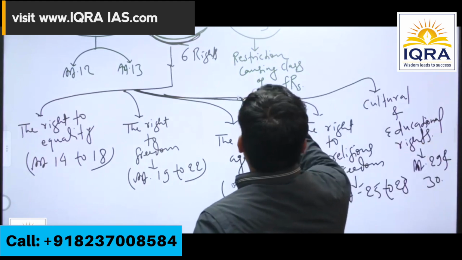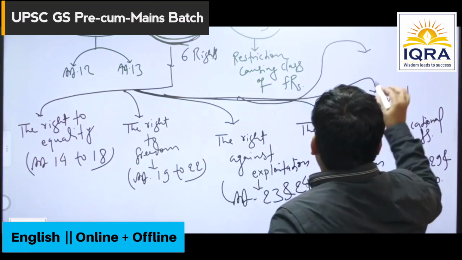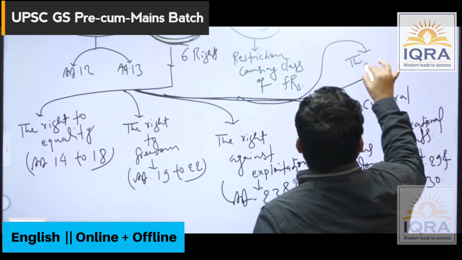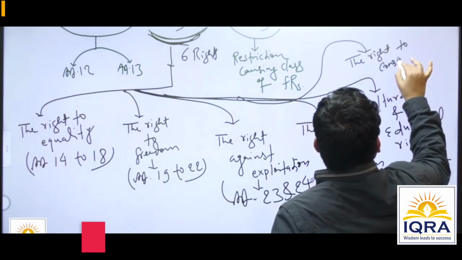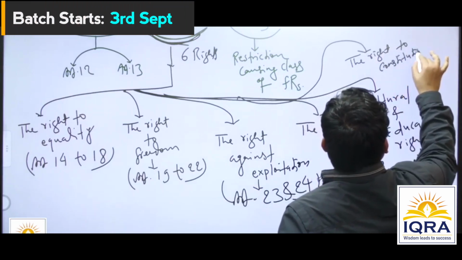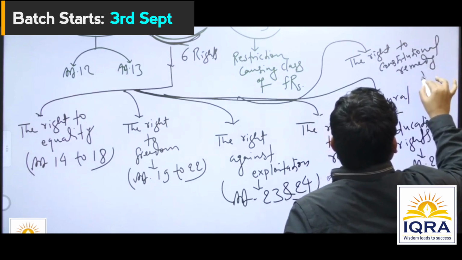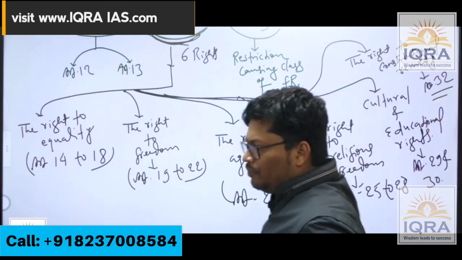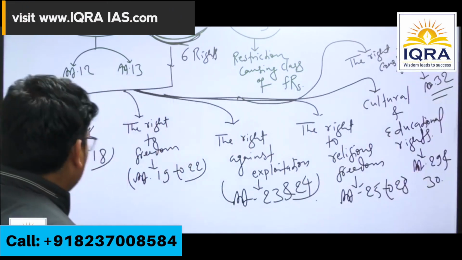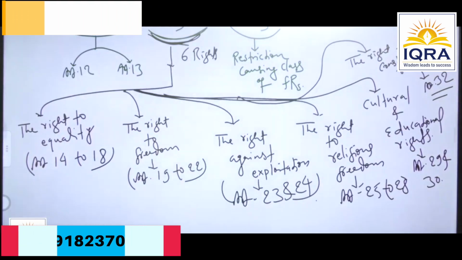And finally, the sixth fundamental right is the right to constitutional remedy, given under article 32. So there are altogether 6 fundamental rights under the main class of fundamental rights.